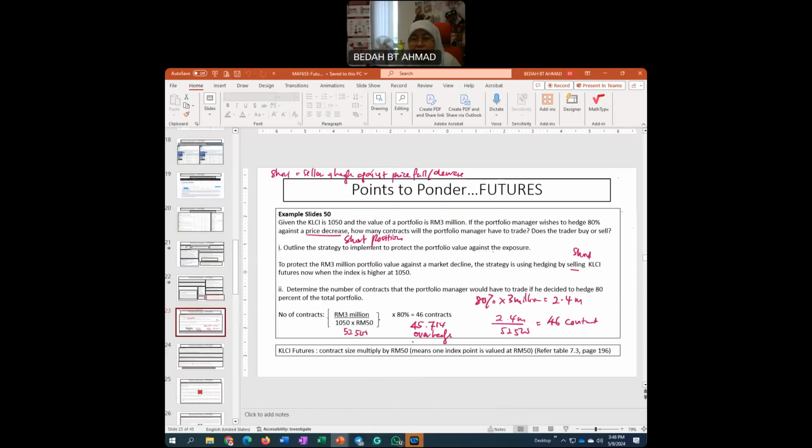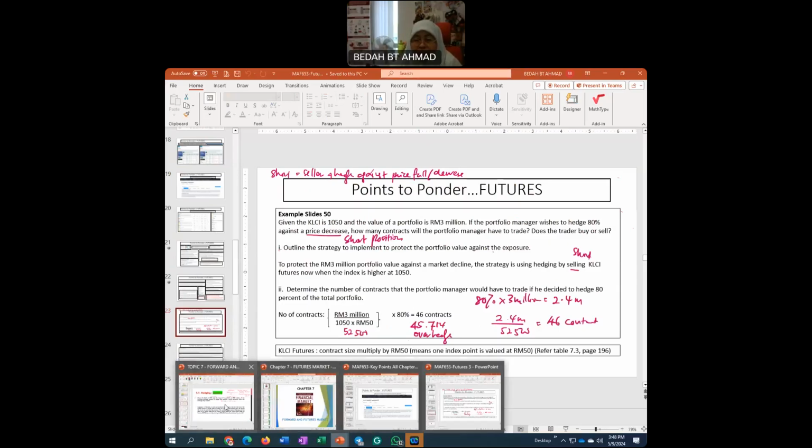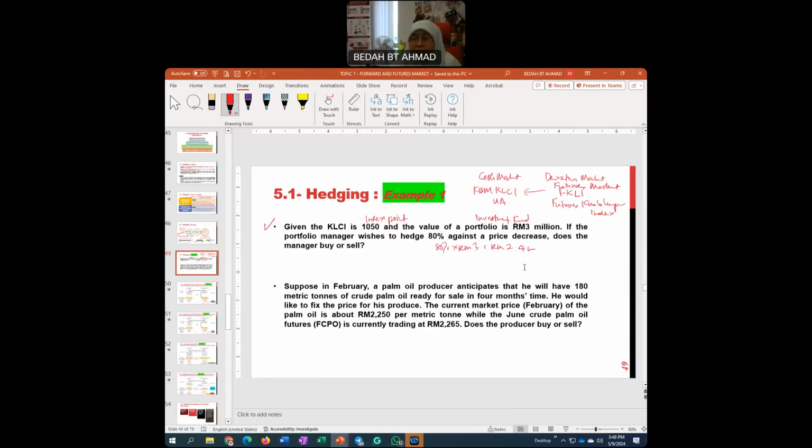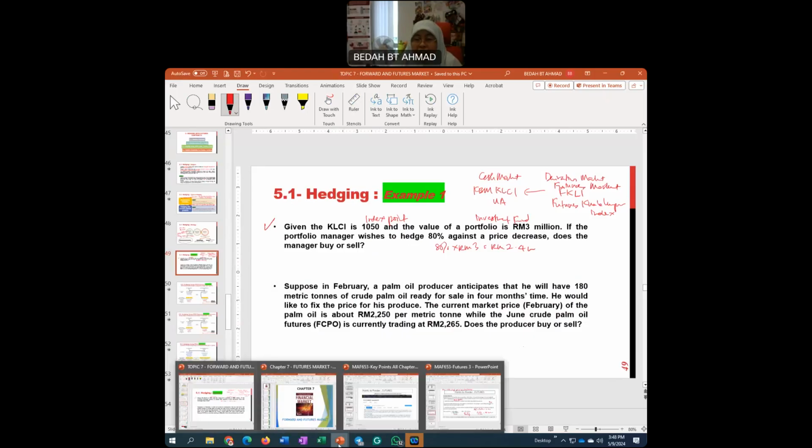Given the KLCI of 1050 and the value of the portfolio of 3 million, if the portfolio manager wishes to hedge 80% against a price decrease, price decrease means in the future the price will decrease. So is it that the manager will buy or sell?